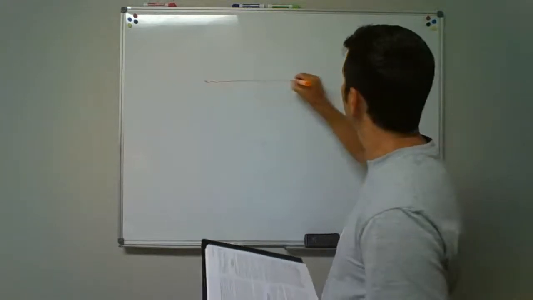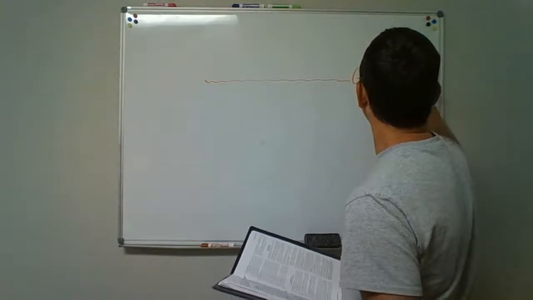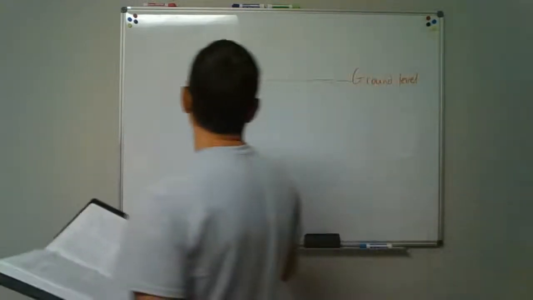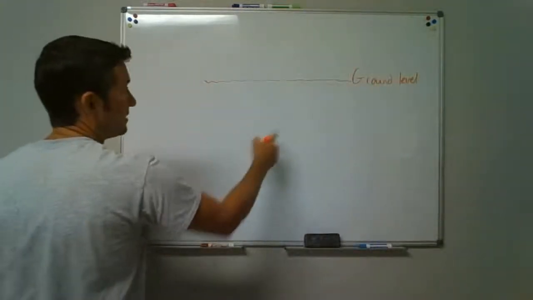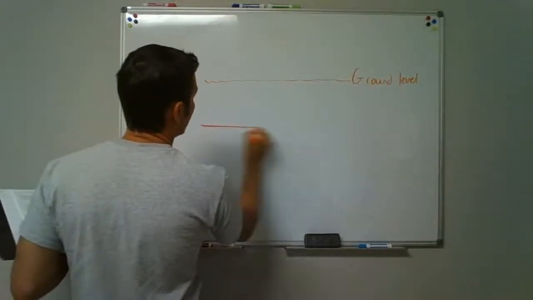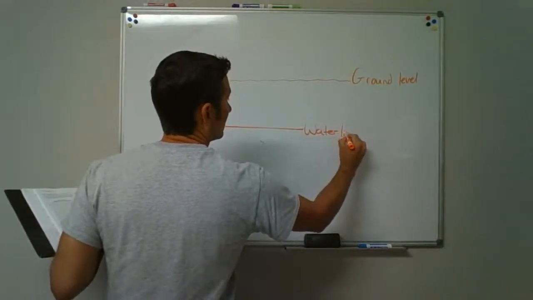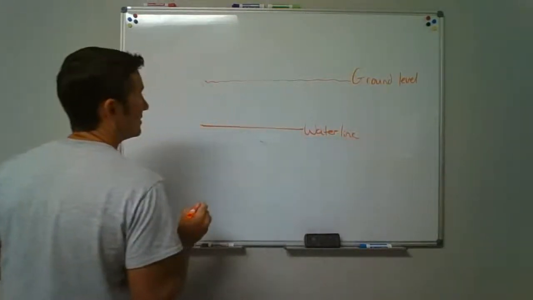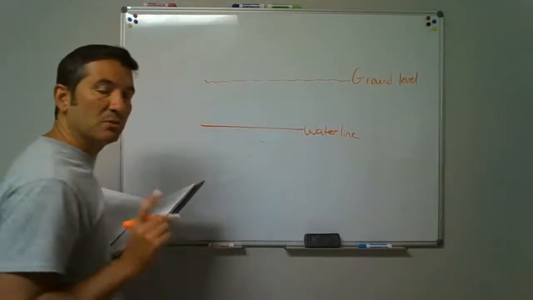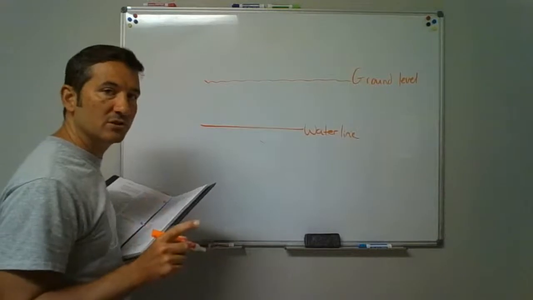Ground level. There's the ground. If we're going to run a water line, how deep of a ditch do we need to dig? The rule is 6 inches below the frost line, but no less than 12 inches.